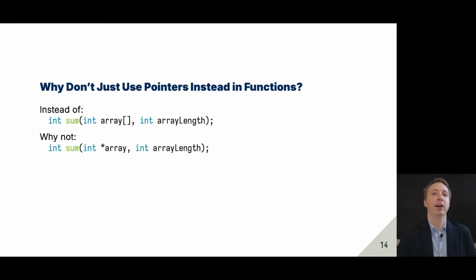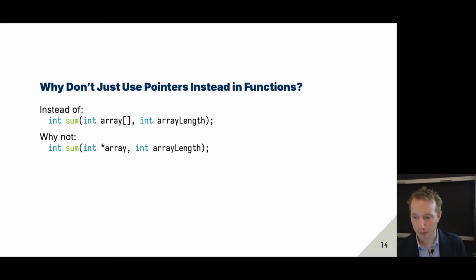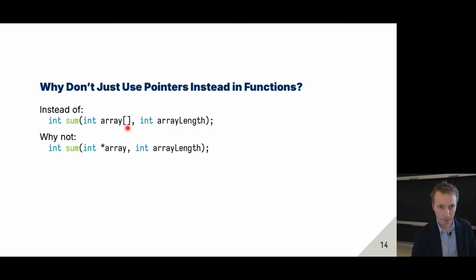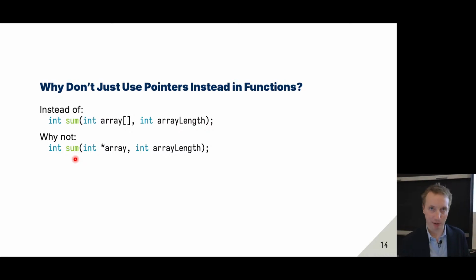All right. So now you might ask, if an array just gets converted to a pointer, why don't I just use pointers as the type in the functions instead of arrays? Instead of int array, which is actually an array, why don't I just say int star array and cut out the middleman, so I don't have to remember?